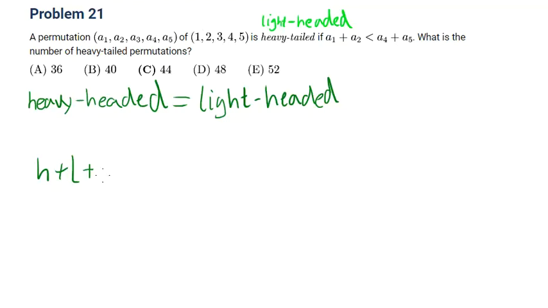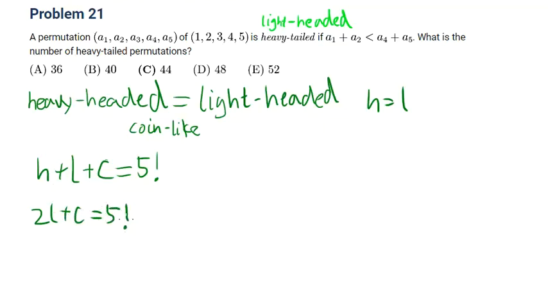If heads is equal to tails, well, I'm just going to call that coin-like, because when you flip a coin, the probability of getting heads is the same as getting tails, so I'll just call it coin-like, represented by C here. Now, there are only 3 types of permutations, so if you add them up, it should yield 5 factorial. Now, we already know H is equal to L, right? So we replace them all with L, 2L. We're looking for L, by the way. 2L plus C equals 5 factorial.